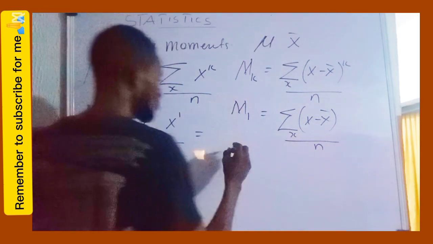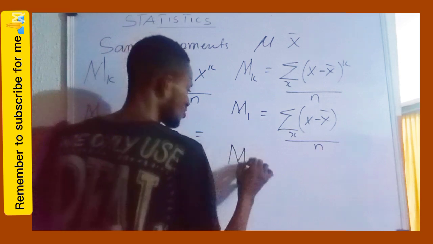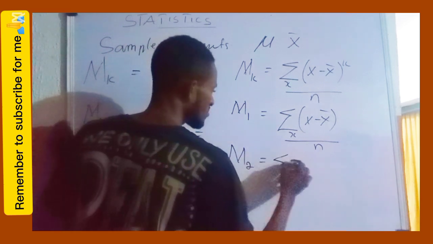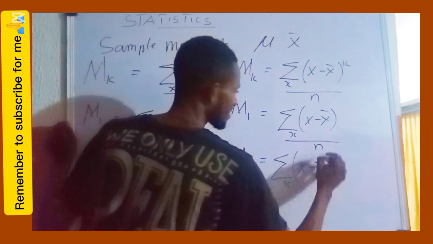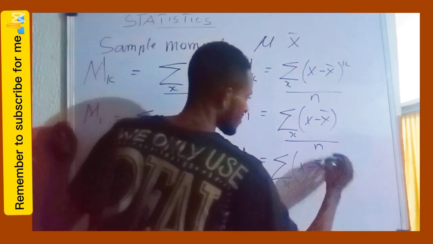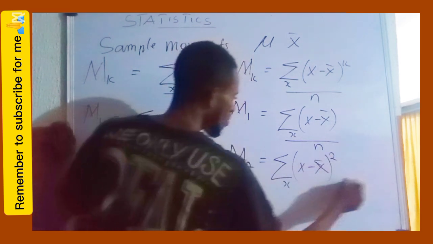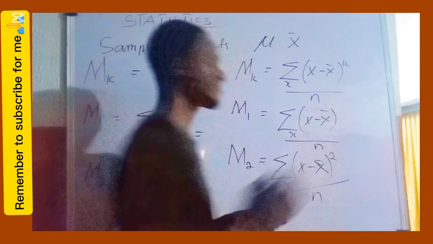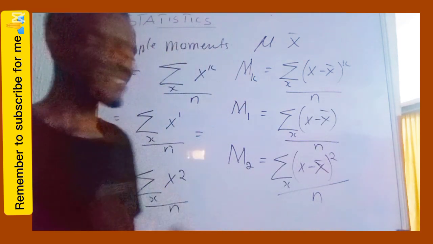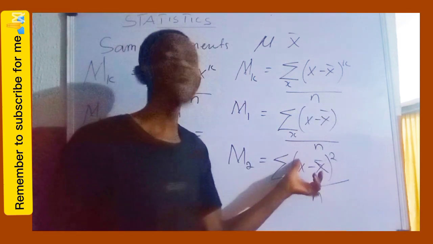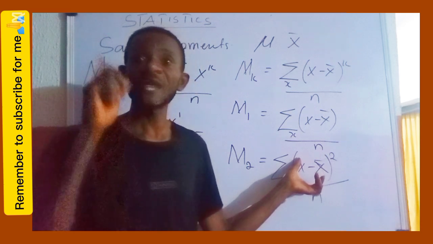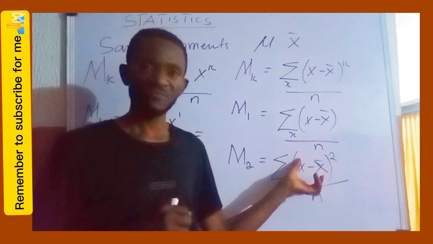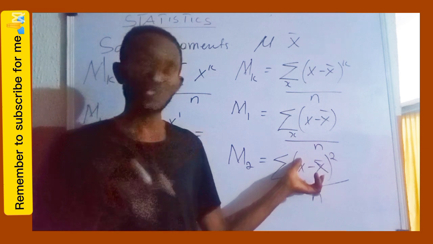When k becomes 2, I'm going to have m subscript 2 is given as the sum over the range of x minus x bar, all raised to power 2, all over n. And you bear me witness that the formula which I have here is the formula for the variance of a random sample, or variance of observations.